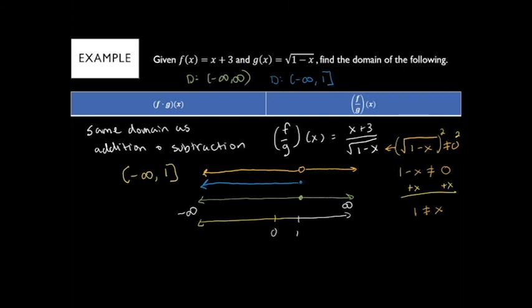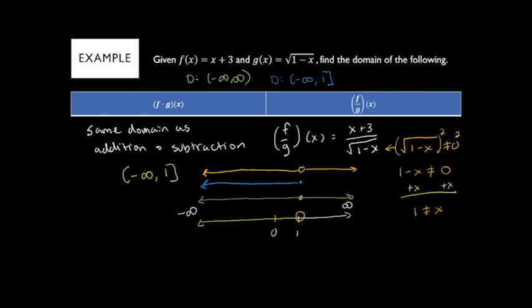So all 3 of these would have to include it, but it's not included. So it'd be an open circle here, because if it's not included in one of these, it can't be included for any of them.